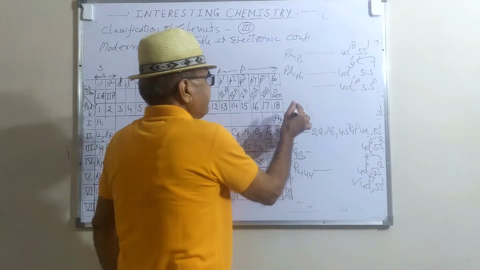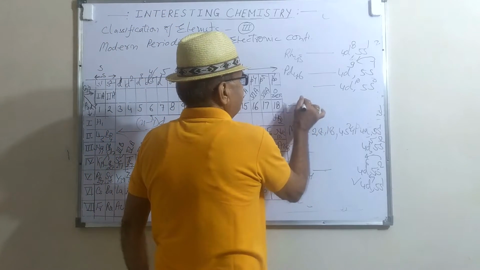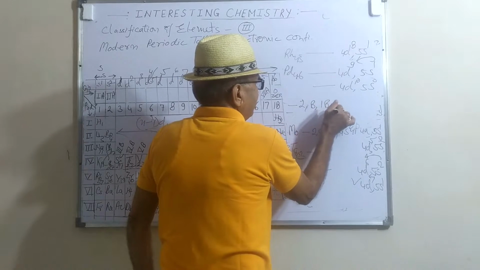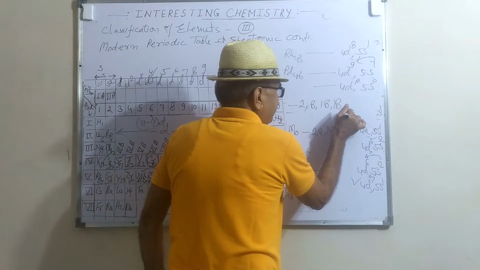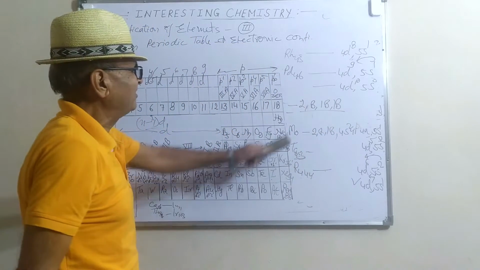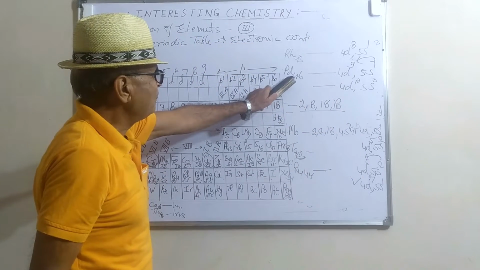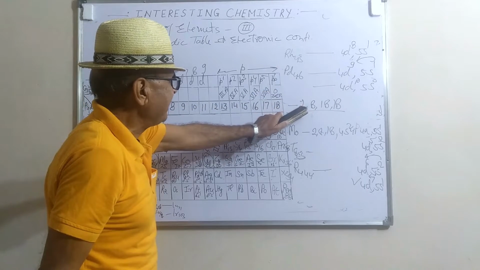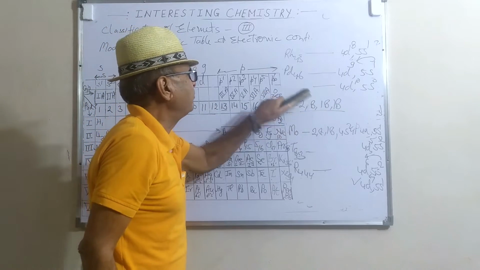So for palladium 46 you will write here 2, 8, 18 and 18, only 18 and 18. It is the electronic configuration of palladium: 4d10, total 46.